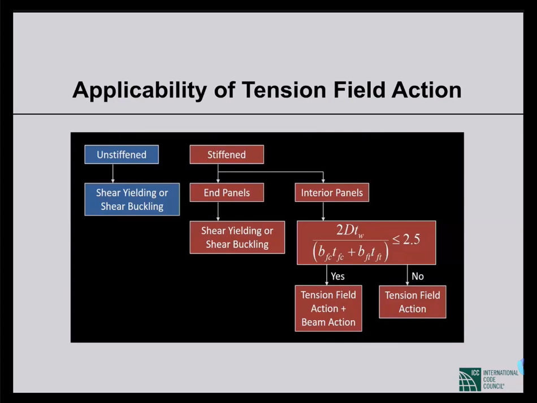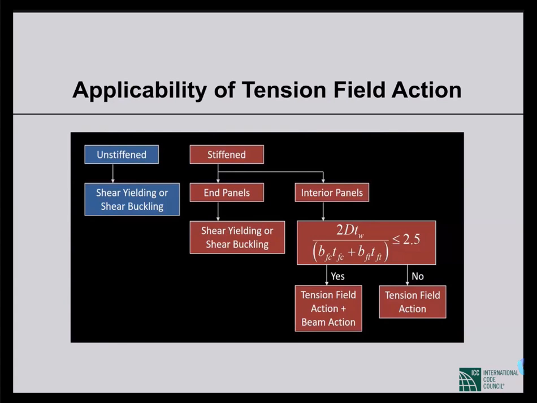We're not talking about unstiffened and stiffened element. We are talking about unstiffened beam and stiffened beam. That is whether there is transverse stiffener or not. For unstiffened beam, that is when there is no transverse stiffener, we can forget about tension field action. We cannot take advantage of that.